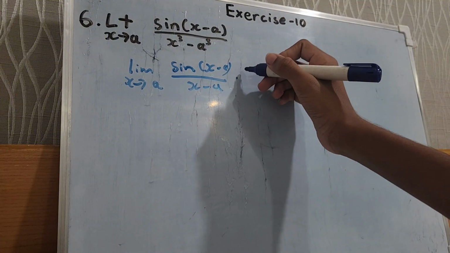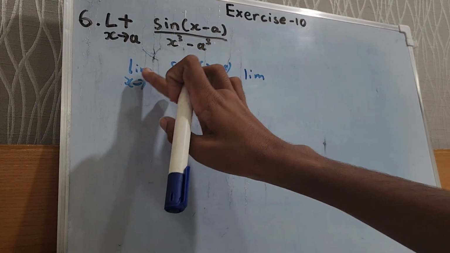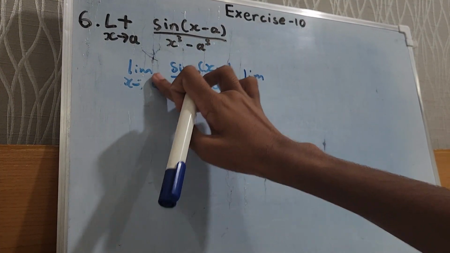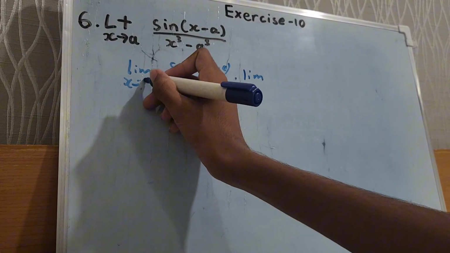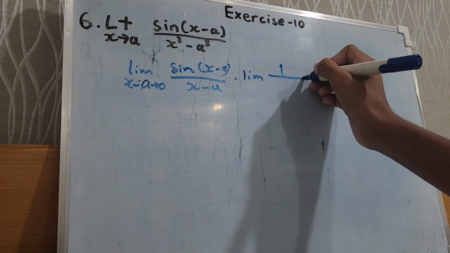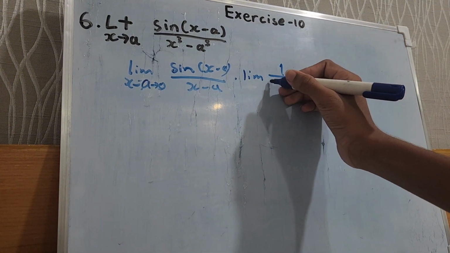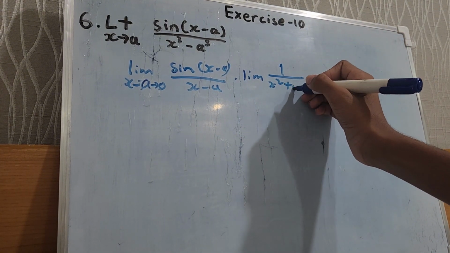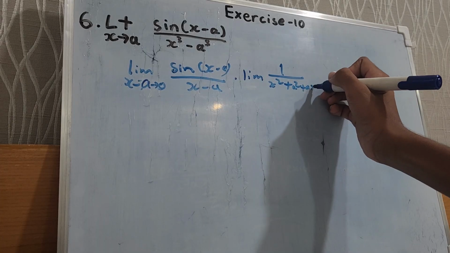So limit x minus a tends to 0, sine x minus a by x minus a, into limit 1 by x square plus a square plus ax.